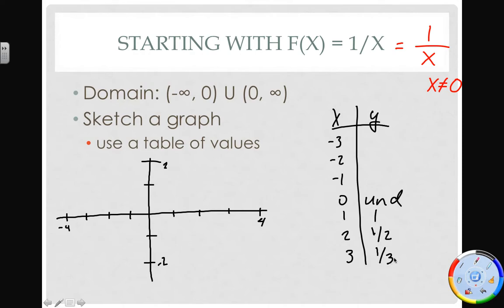Then I get 1 over 3 for x is 3. And then I likewise go the other direction: negative 1, negative 1/2, negative 1/3. So if I was to plot these on my graph, I have 1, 1, negative 1, negative 1, then 2, 1/2, negative 2, negative 1/2, 3, 1/3, and likewise in the other direction.